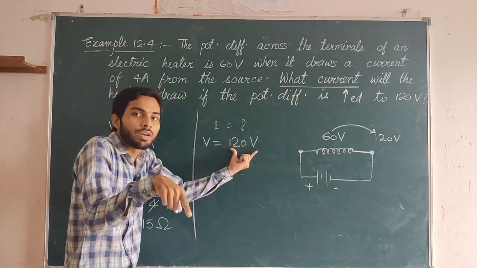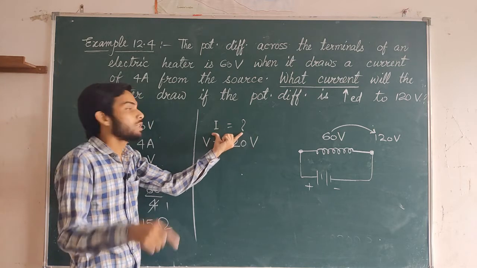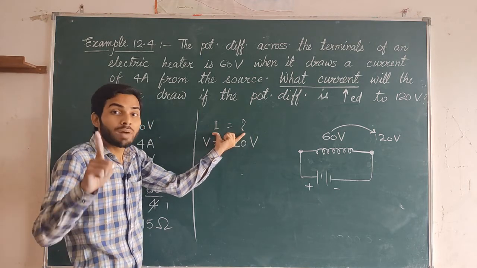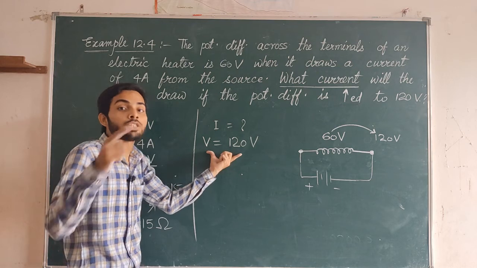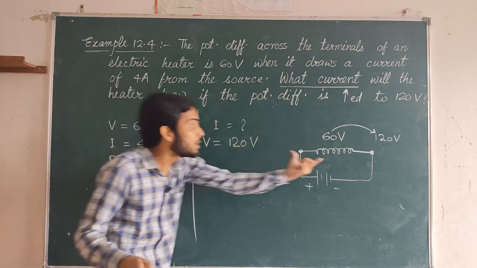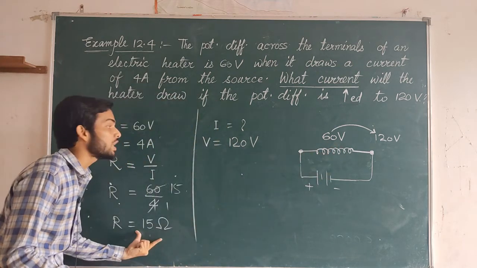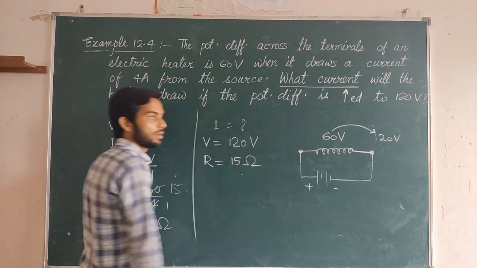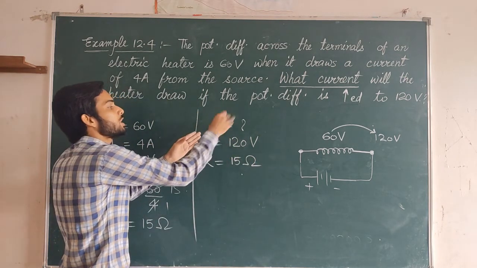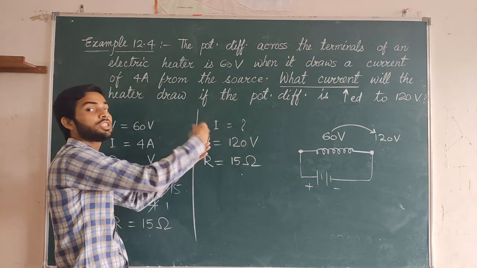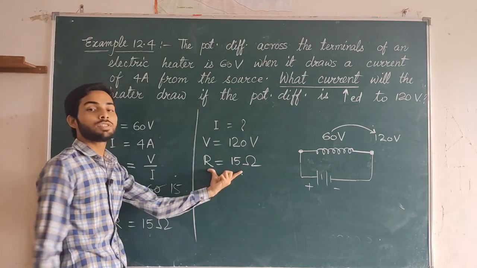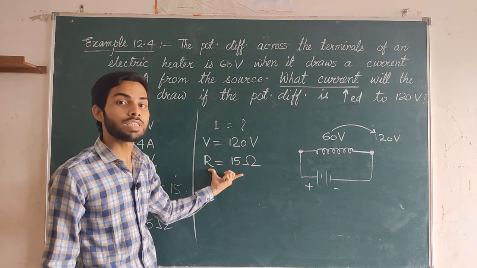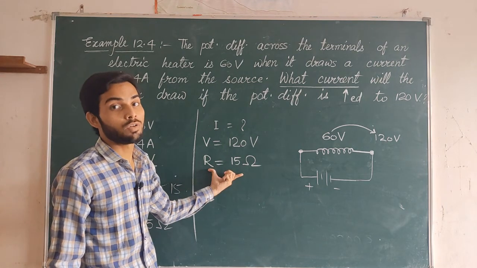Then in that case what will be the amount of current? In this case also the resistance of the heater will be 15 ohm. R is equal to 15 ohm. No matter how the current and potential difference change, the resistance is constant.